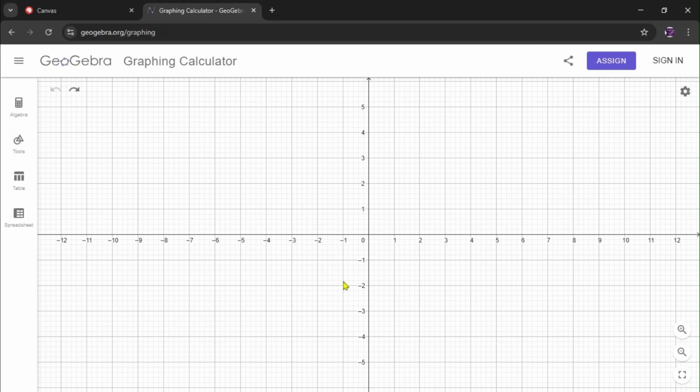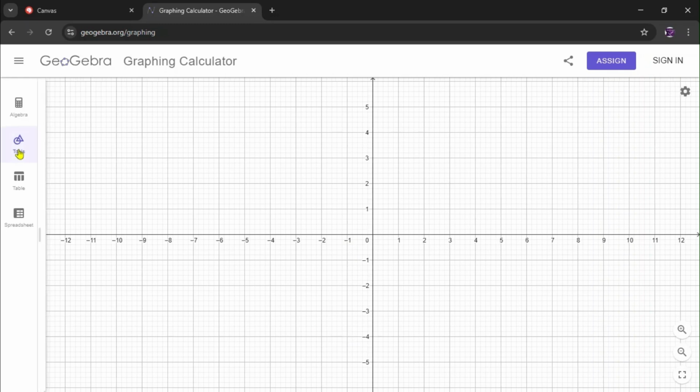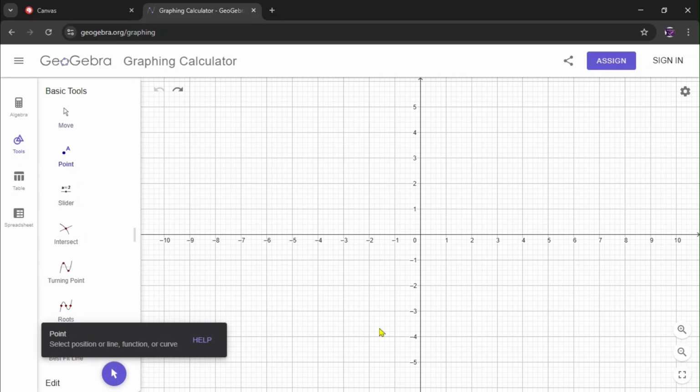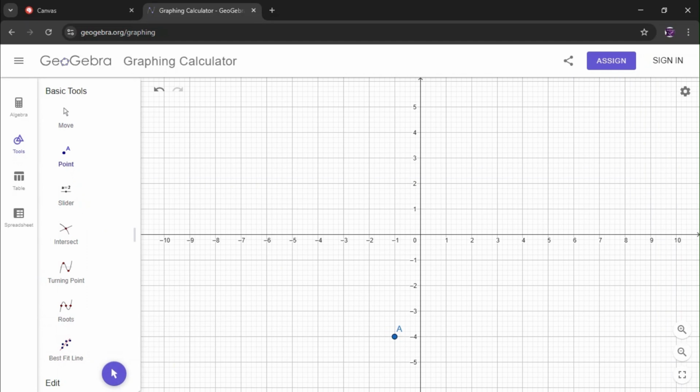Negative 1 on the x-axis, negative 4 on the y-axis. So the first point is supposed to be around this region. That is the first point. The second one is 0, minus 1. So 0 is here, minus 1 is somewhere there. Then the third one is 1, 2. So you have 1, then 2, somewhere there.